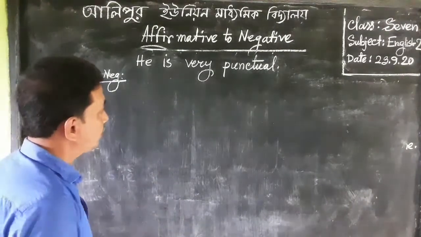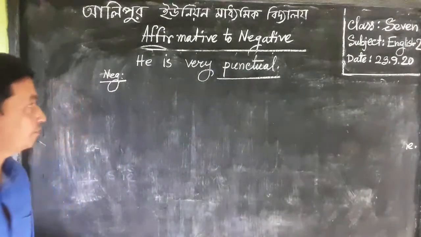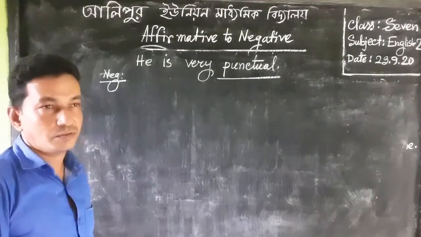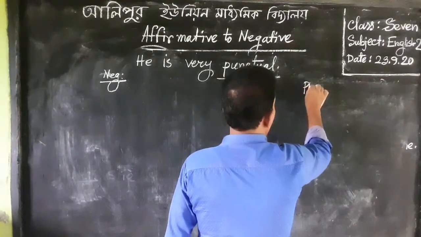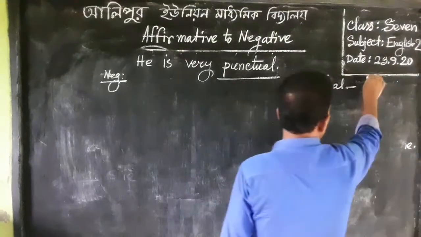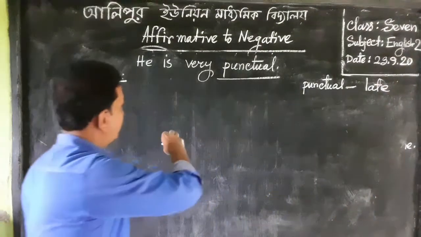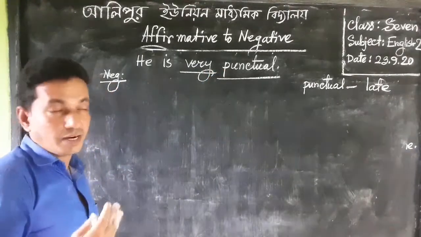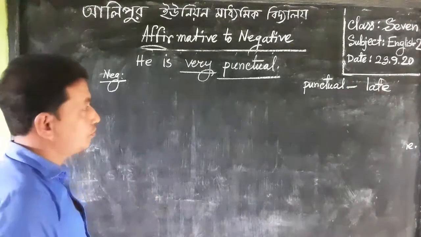You have noticed that punctual is an adjective, and we have to find the opposite part of speech of the word. The opposite of punctual is late. There is also an adverb in this sentence, very, and if there is an adverb like very, then we should change very into at all.